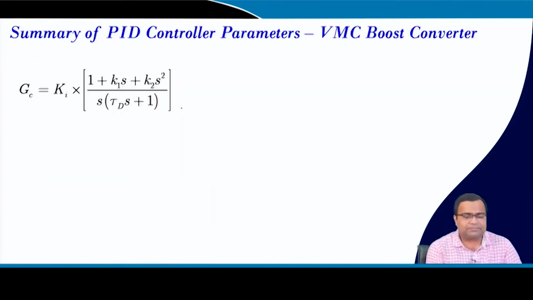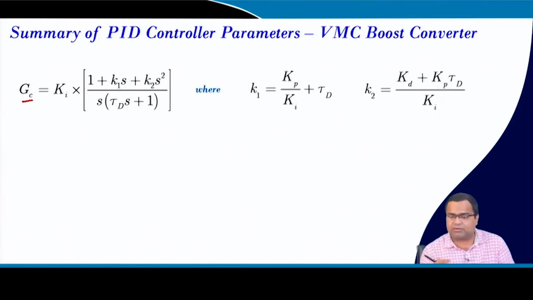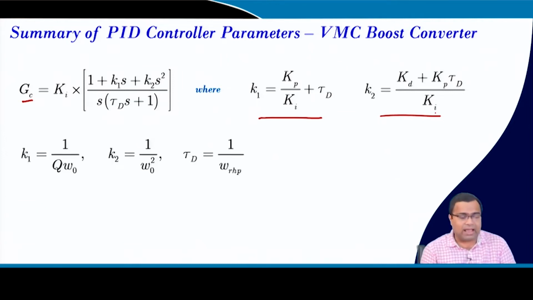Now, in summary, we have a practical PID controller whose structure looks like this, and we can set the PID controller parameters because we discussed the analytical method of design by means of stable pole zero cancellation, where we cancelled the stable poles by means of the zeros of this PID controller.